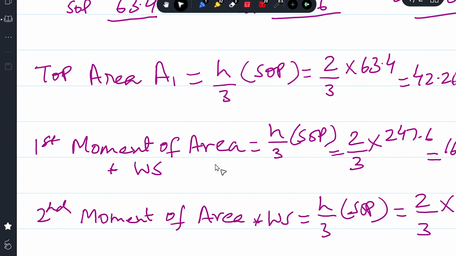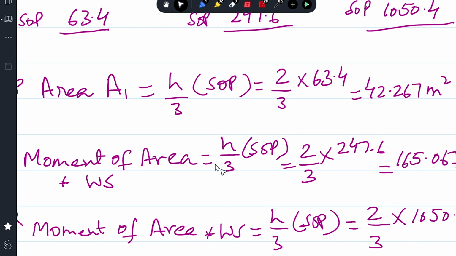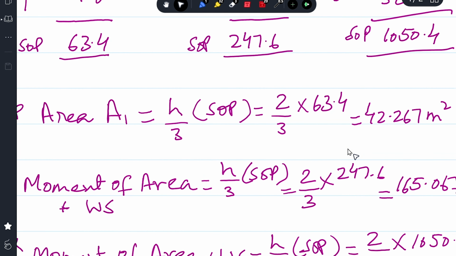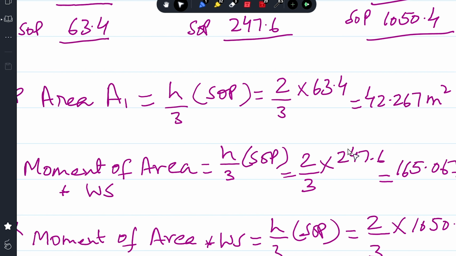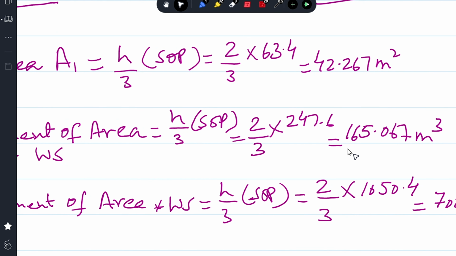First moment of area about the water surface, same formula, h by 3 into the sum of the products, h is 2 meters, so 2 by 3 multiplied by 247.6, which is the sum of the products for the first moment of area. And we get the first moment of area as 165.067 meter cube.